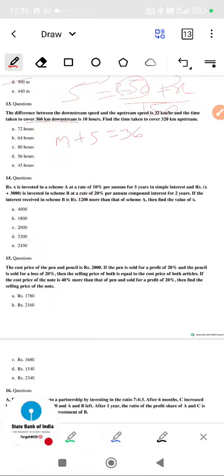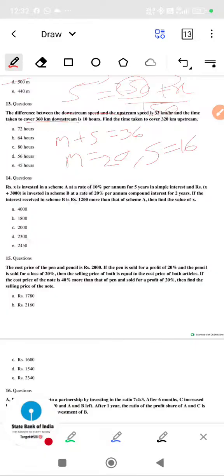Okay, the difference between the downstream speed and the upstream speed: (m plus s) minus (m minus s), we get 2s, which will be the difference between these two. 2s value will be 32, so s value will be 16. So from the first line, s value is 16, so m value will be 20. So we get both s and m values.